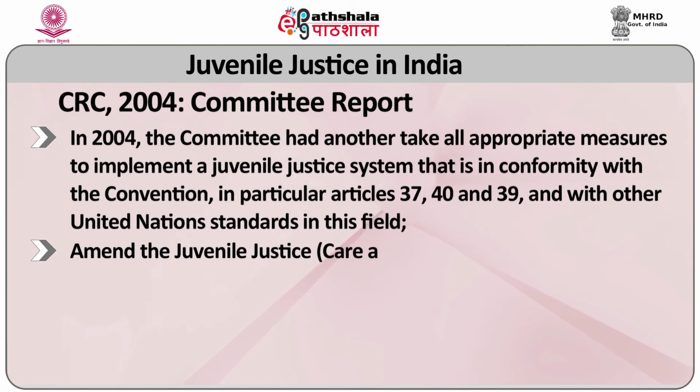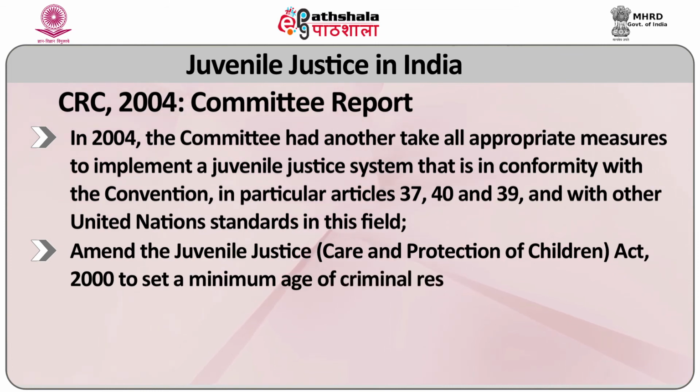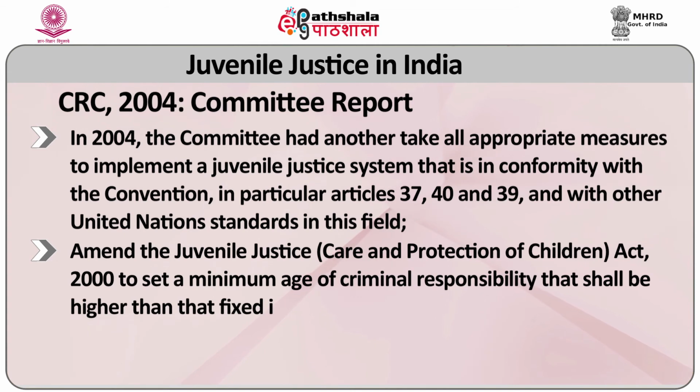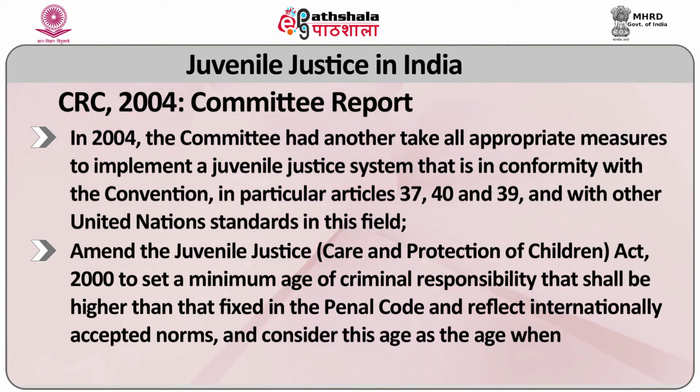Amend the Juvenile Justice Care and Protection of Children Act 2000 to set a minimum age of criminal responsibility that should be higher than that fixed in the penal code, and it should reflect internationally accepted norms and consider this age as the age when the offence was committed.